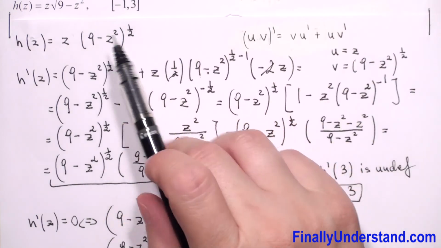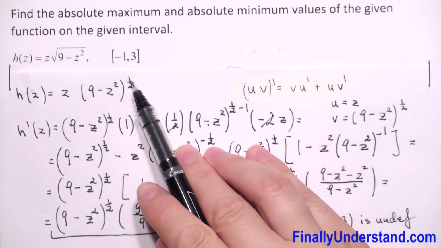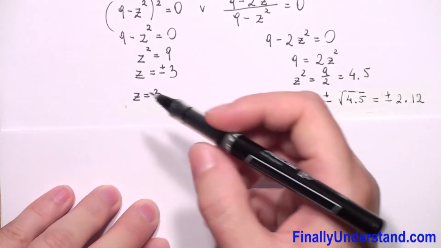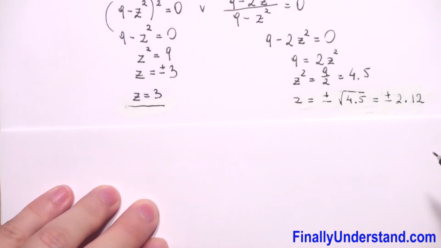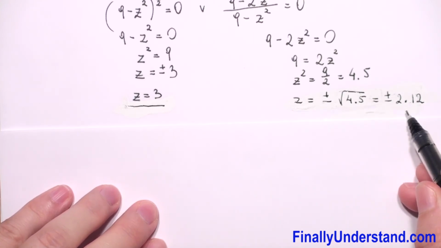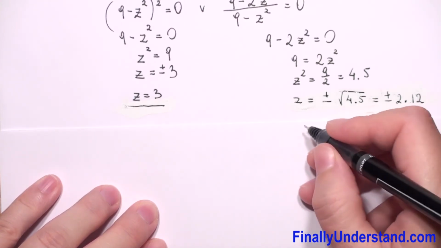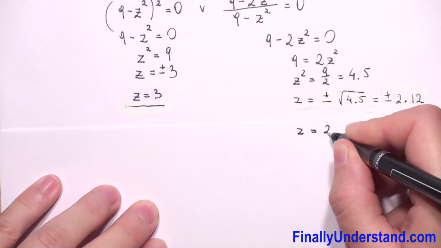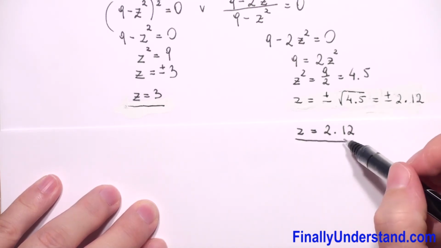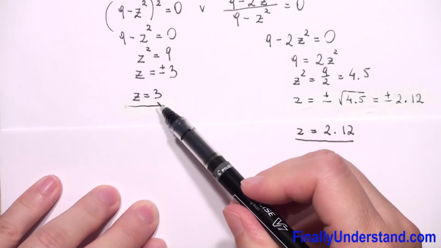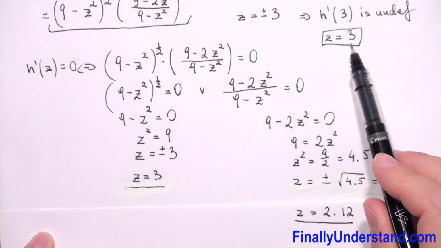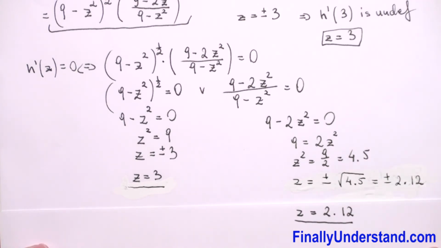We have the closed interval from -1 to 3. It means 3 belongs, so we have the first critical point, and from this equation only the positive solution belongs to our interval, so we have z equals 2.12. So we have 3 critical points, but we see that this 3 is the same as we had before, so we use this 3 just one time.